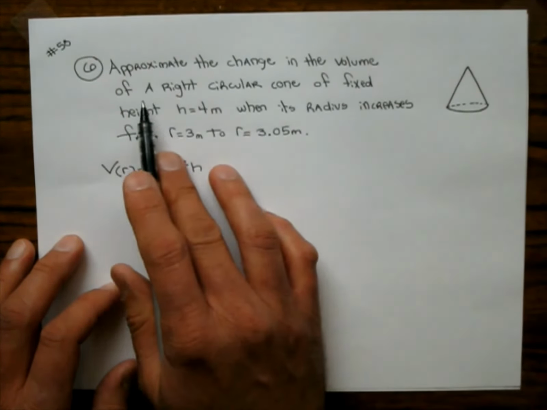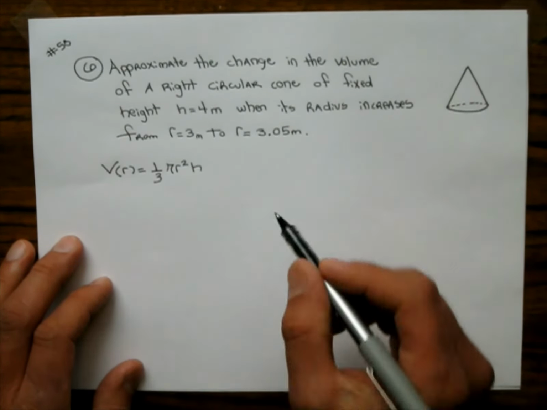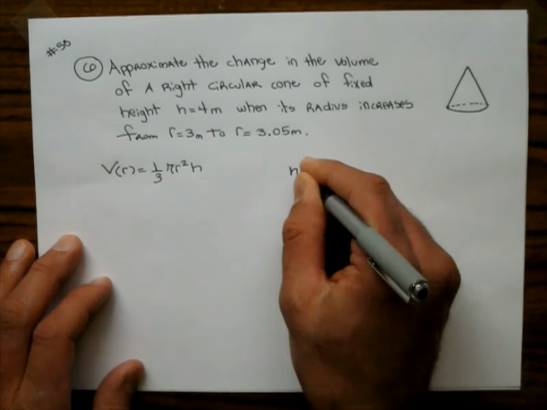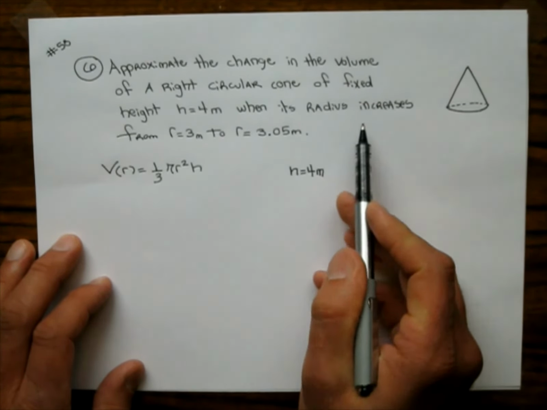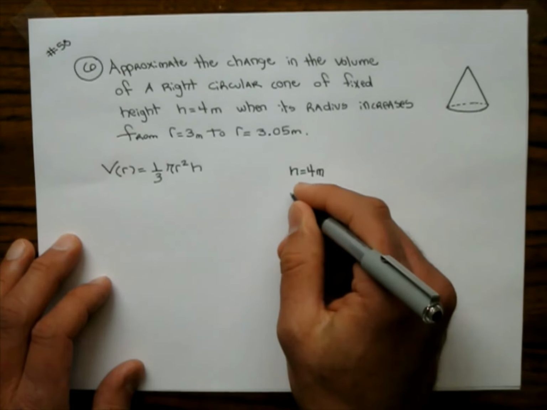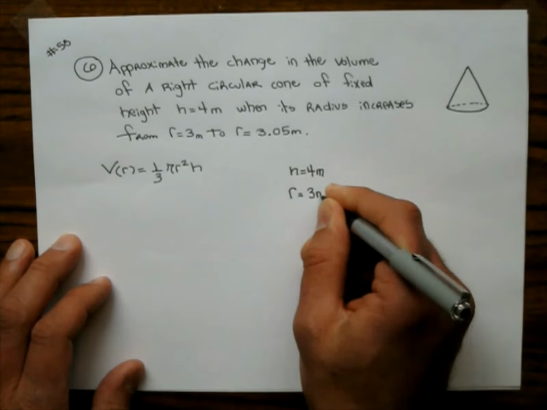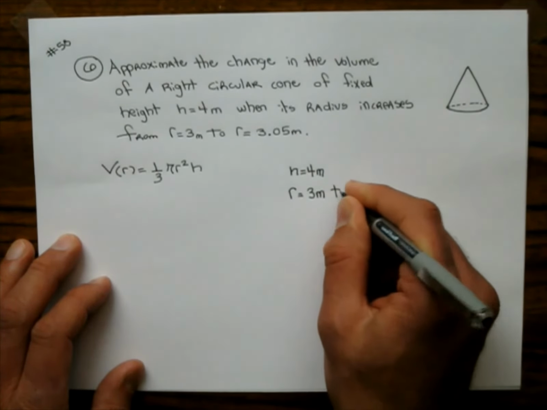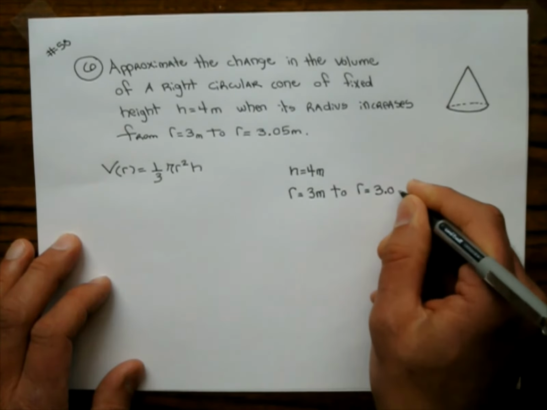Approximate the change in the volume of a right circular cone of fixed height, h equals 4. So I'm going to put that right here, h equals 4 meters, so I don't lose it. When its radius increases, so radius increases from 3 meters to 3.05 meters.